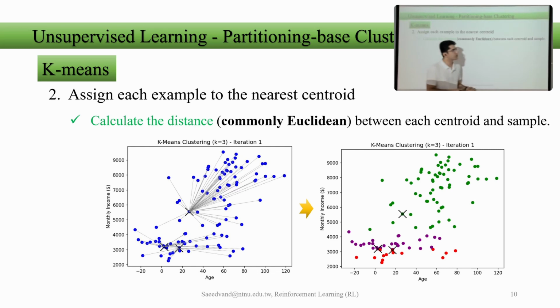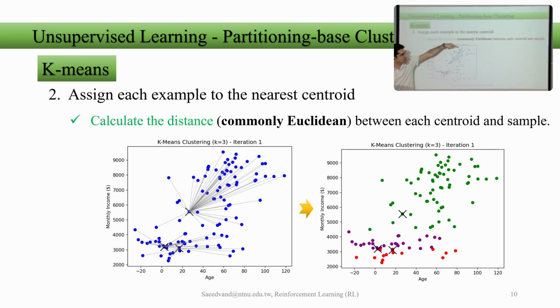So I can measure the distance from this point to each one of these data points and assign them to the closest one. If I want to visualize it, it looks like this. For each of the centroids that I chose, I measure the distances of all the data points, for example this one over here, to each of these 3 centroids, and see which one is closer to that data point.